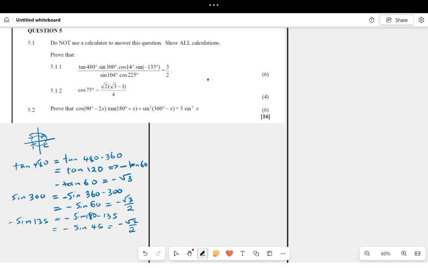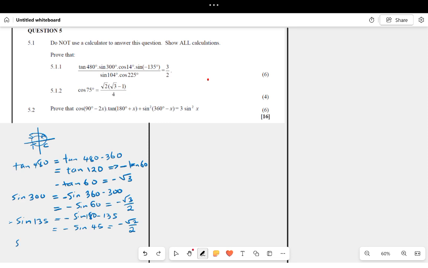Okay. Now, another angle that we need to be looking at: we have the cosine 225 and the sine 104 in the numerator. So I'm referring to this one as well as this one here. What is sine 104?